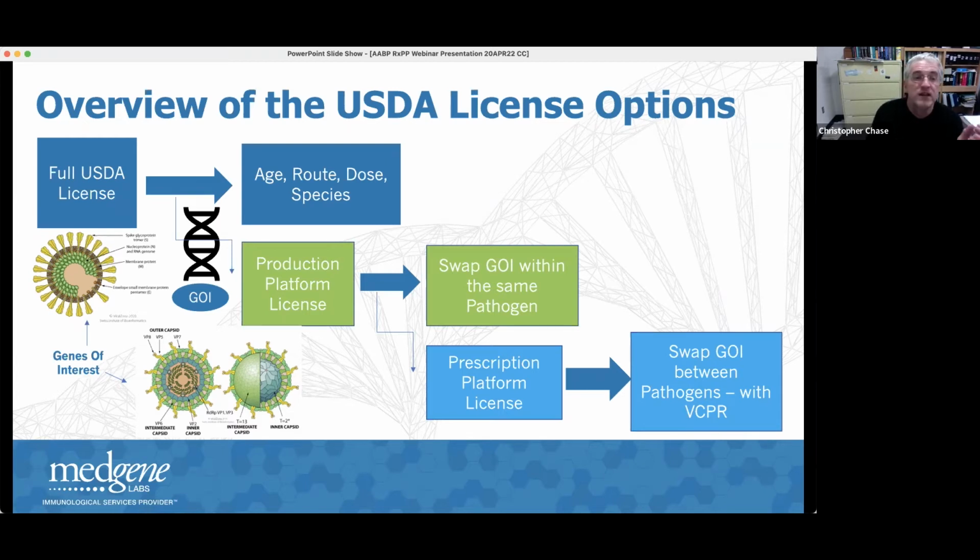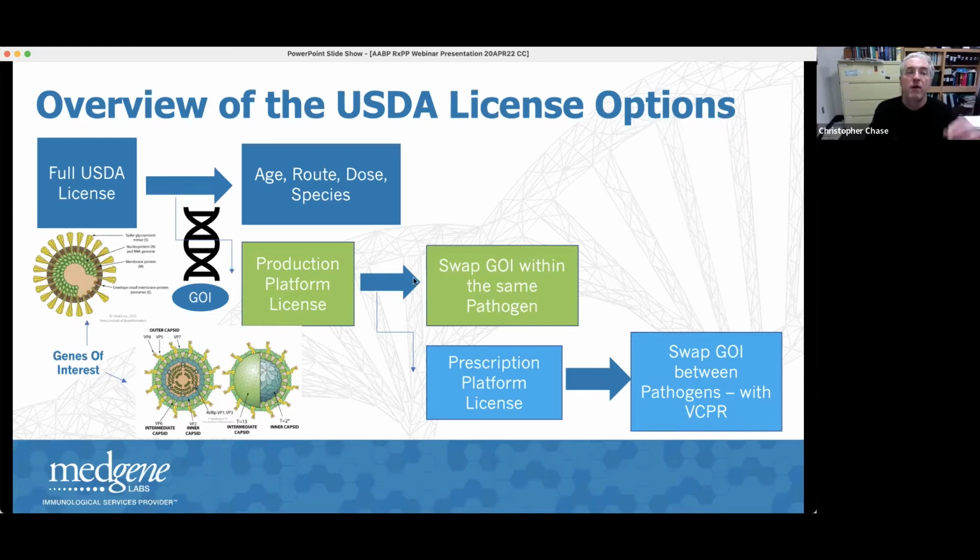What we can do with those is take our gene of interest, and here I'm showing you coronavirus and rotavirus. So let's say it's coronavirus: we put that gene of interest into our platform. And then what we can do with these platforms is go back again, and if there's another gene that we want to put in, swap out that gene of interest and go ahead and make and express that gene as well in the vaccine.